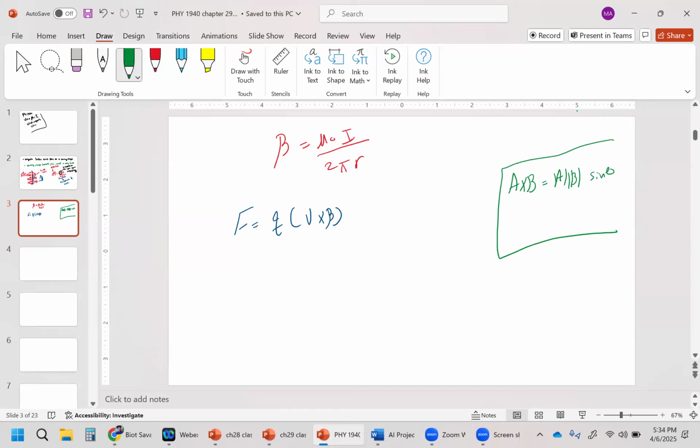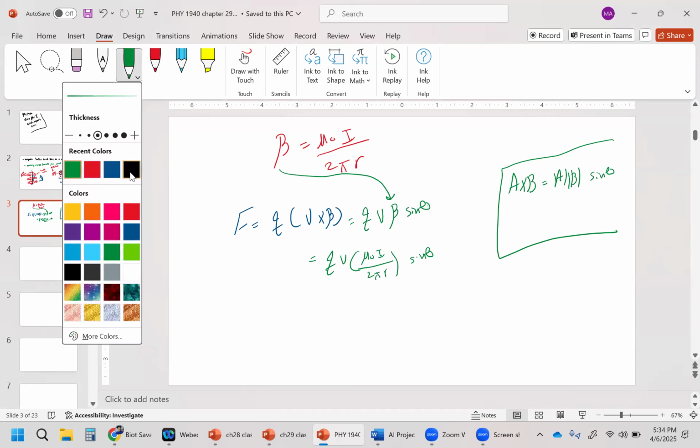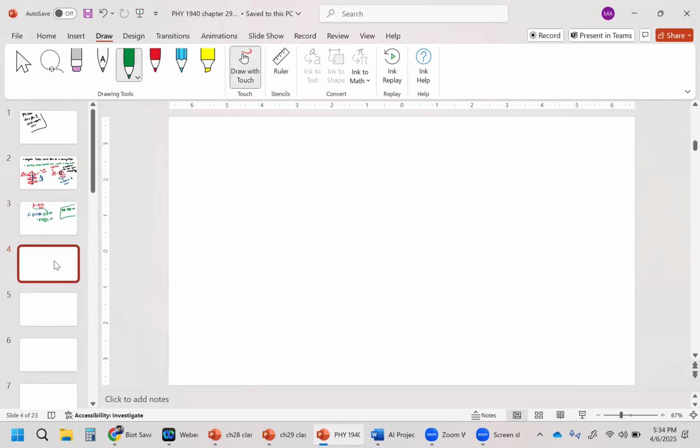So we have a cross product between V and B, and in this case, it would be QVB sine theta, which we can take your magnetic field and substitute on here, so you get QV times mu naught I over 2 pi r sine theta. So that's our force.